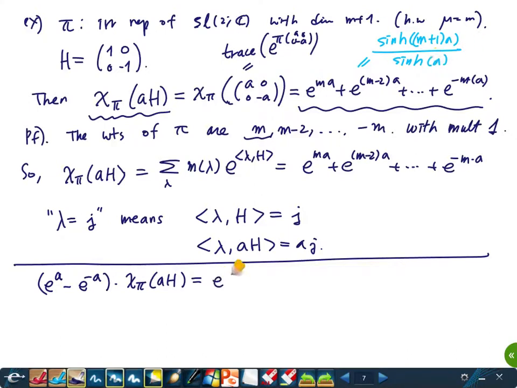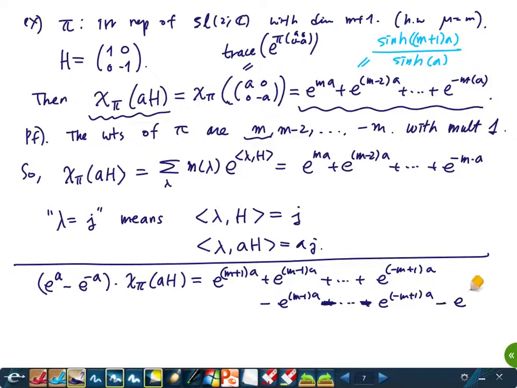So if we multiply this to this, we get e to the m plus 1 a, plus e to the m minus 1 a, plus dot dot dot, e to the minus m plus 1 a, minus e to the m minus 1 a, plus dot dot dot, minus e to the minus m plus 1 a, right?